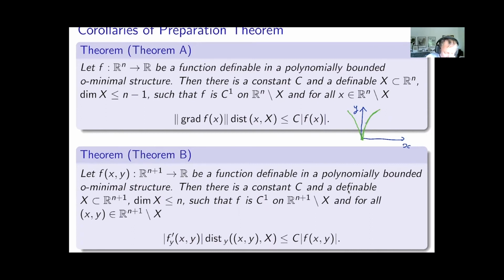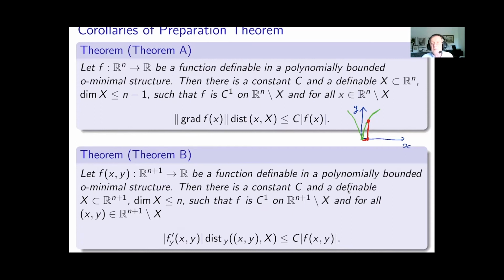Then when you take a point, the distance is very close, but the distance in direction Y can be much bigger. So this inequality is stronger. But thanks to this, the property behaves well also with respect to parameters. When you have parameterized functions with extra parameters, you may still construct such a set, and the constant would be universal.